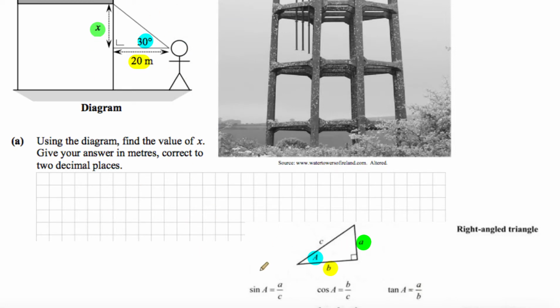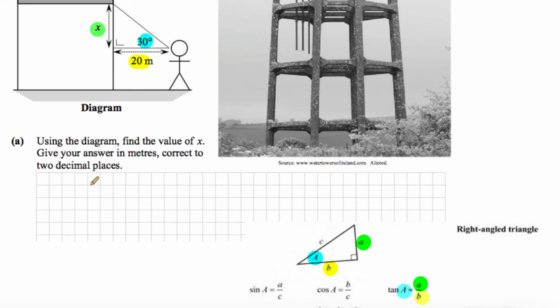So we must look now, are we going to use sin, cos, or tan? Which of these three has A and B, small a and small b in it? That would be tan. Just to be clear there, you can see that you've got B, you've got A, and you've got the capital A, the angle.